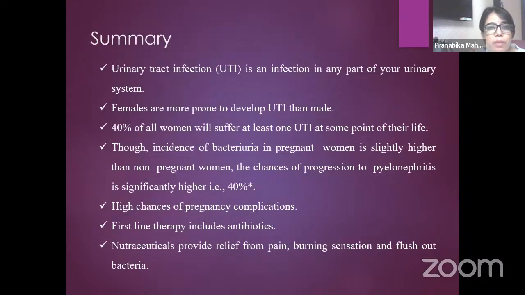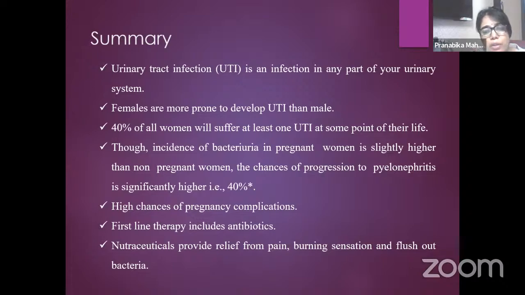So now to sum up, urinary tract infection is an infection in any part of your urinary system. Females are more prone to develop urinary tract infection than the male counterpart. 40% of all women will suffer at least one urinary tract infection at some point in their life. Though the incidence of bacteriuria in pregnant women is slightly higher than in non-pregnant women, the chance of progression to pyelonephritis is significantly higher, around 40%.